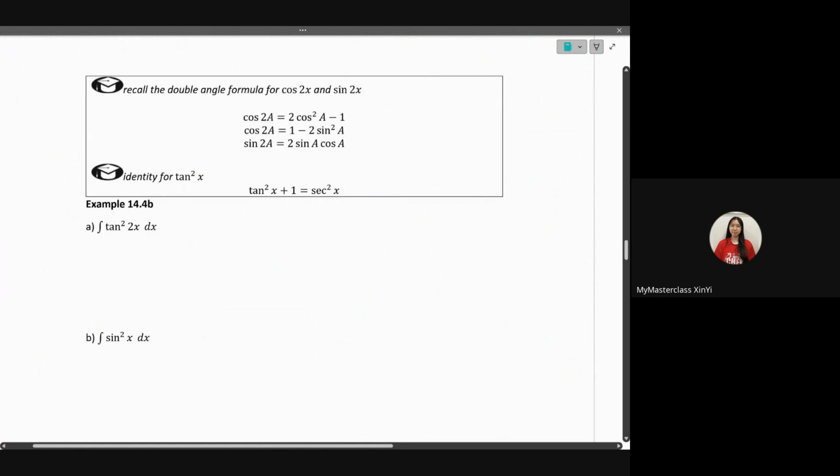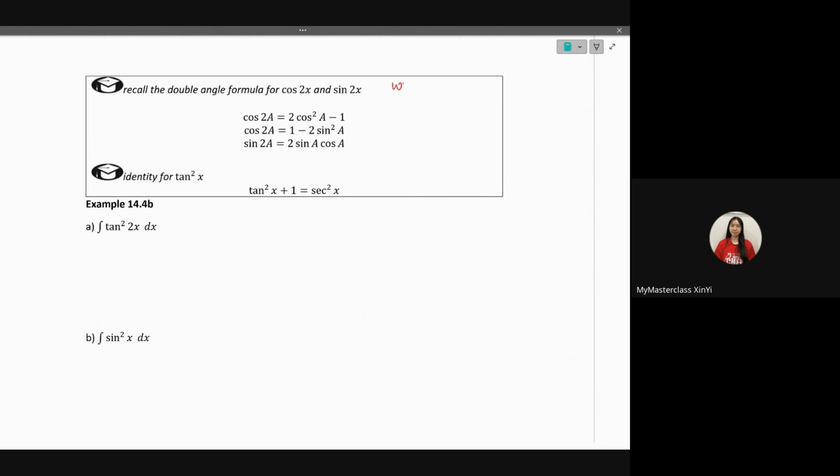When integrating sine squared, cosine squared, and tangent squared, your reverse chain rule, or so-called power rule, doesn't work for trigo.